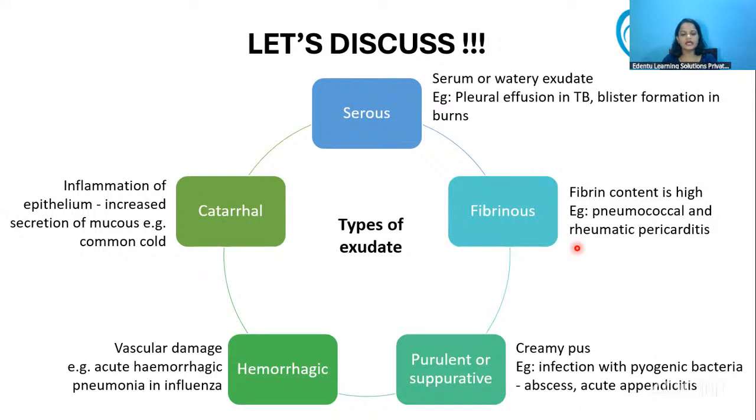Hemorrhagic exudate, because of vascular damage. Then catarrhal exudate, the one we see in common cold because of increased secretion of mucus. So these are the 5 types of exudates: serous, fibrinous, purulent, hemorrhagic, and catarrhal.